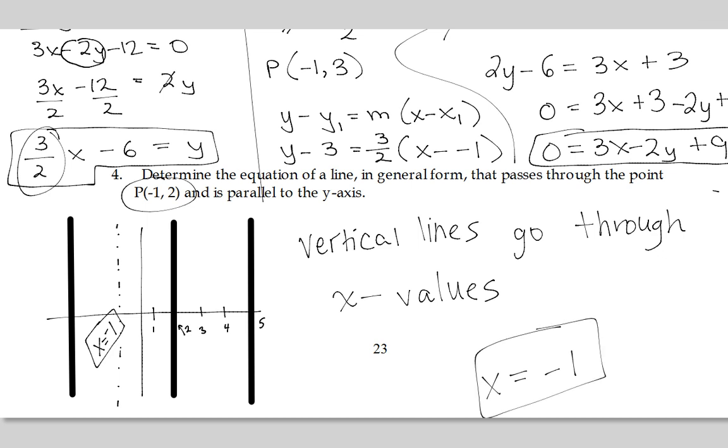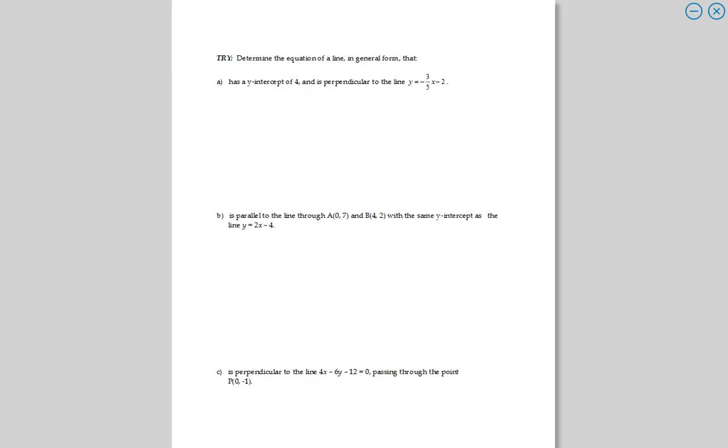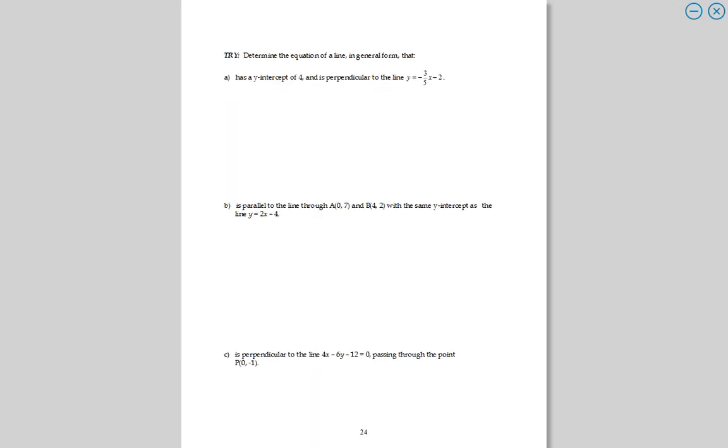This equation right here, x equals negative 1, is the vertical line that goes through negative 1. So no matter what y value you pick, x will be negative 1, no matter what. Okay. These 3 questions I want you guys to try on your own.